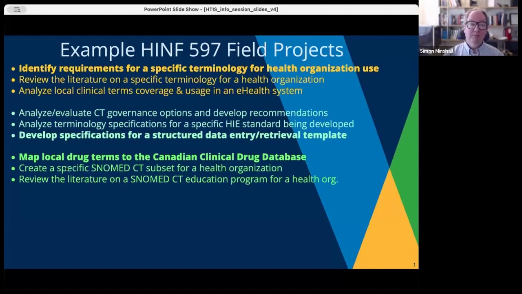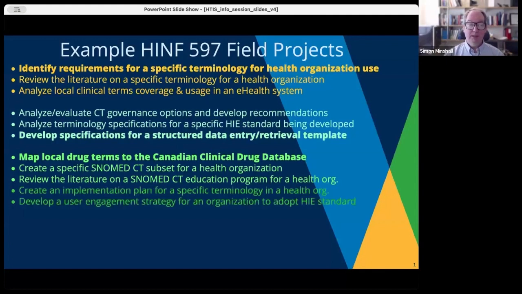So you might work on mapping your terms to the standardized terms, a very common task for interoperability, okay? Once you've done that and implemented it, then now your local system is now interoperable with the CCDD, which is great, okay? You could do a literature review looking at SNOMED CT education for a health organization.